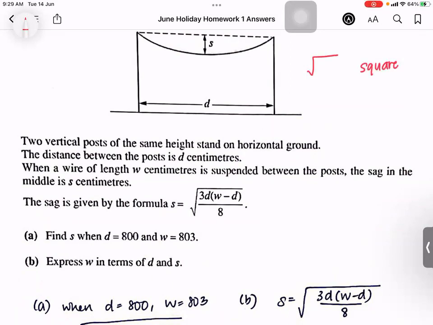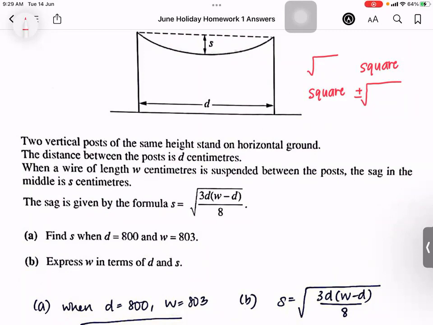If you have a square on its own and you want to take the square root, you need to do plus or minus square root. There will be 2 answers. Then the rest, if you have a fraction, you try to cross multiply, get rid of the denominator. Okay, these are some of the basic skills.